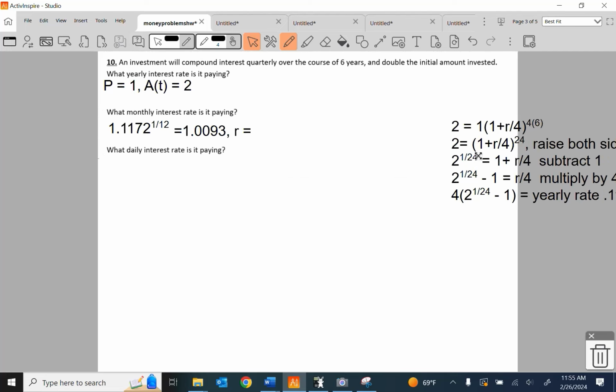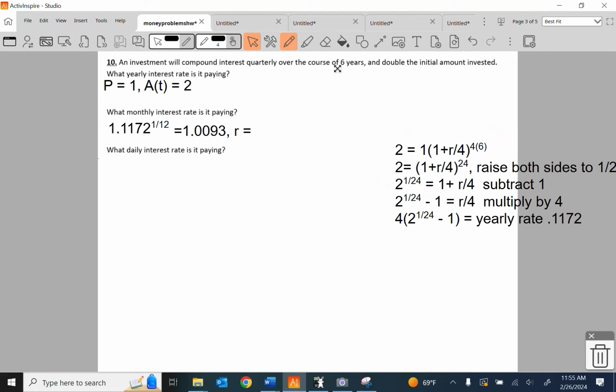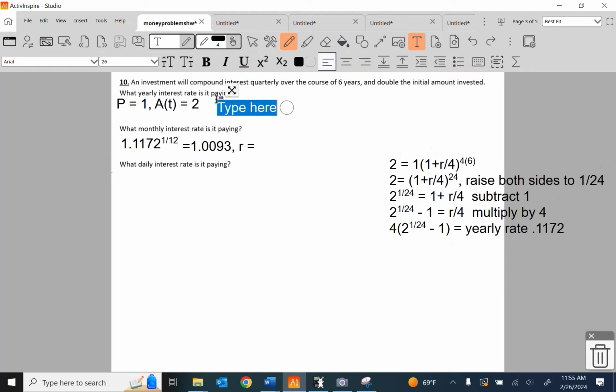I never even wrote down the yearly rate, did I? 0.1172, 11.72%. If I subtract the 1, I get 0.0093, which is going to be 0.93%, because we shift the decimal 2 positions.